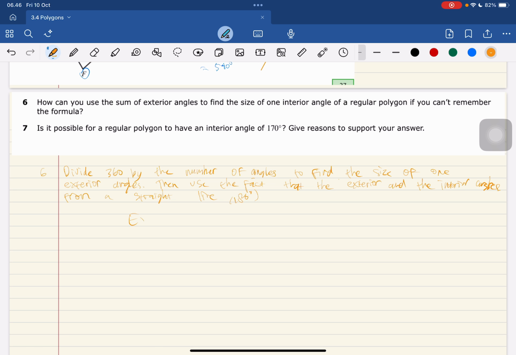So exterior plus interior is going to be 180 degrees because this comes from a straight line.